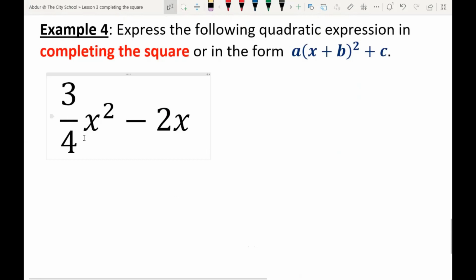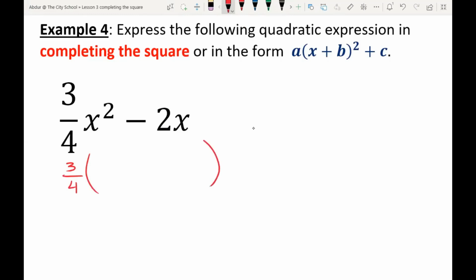So for this purpose, we have to take 3 over 4 as common, and the rule is you have to divide each term by the common.